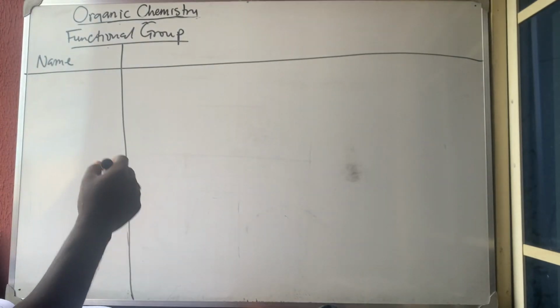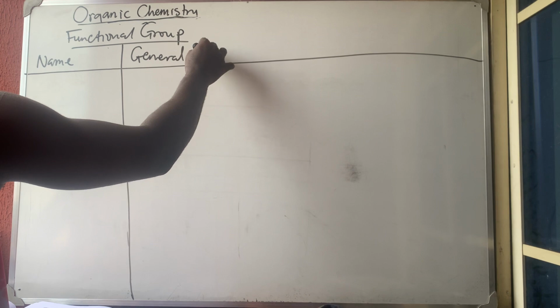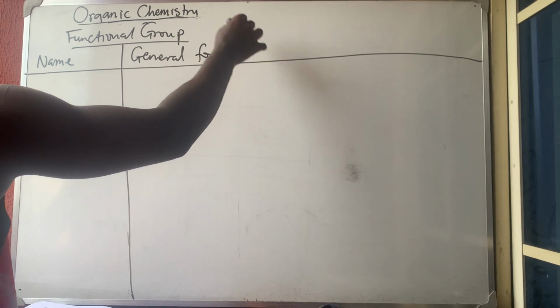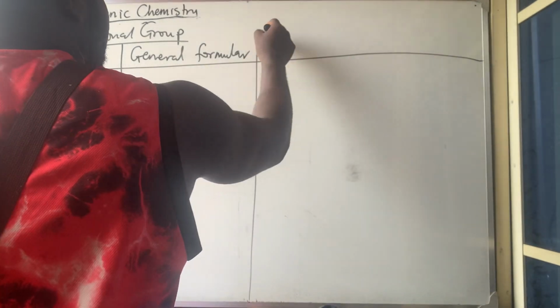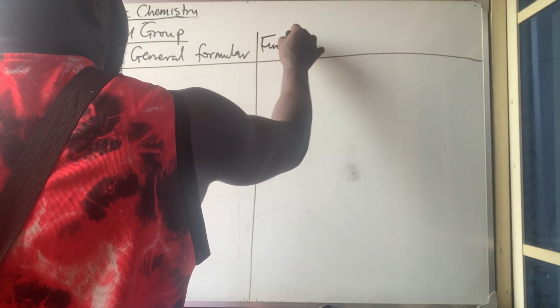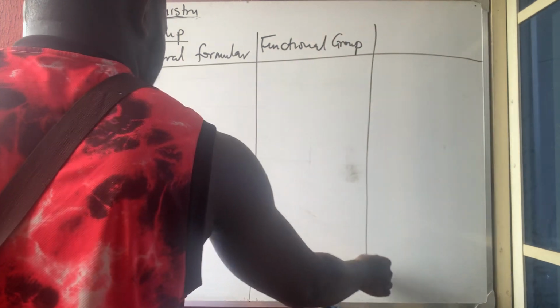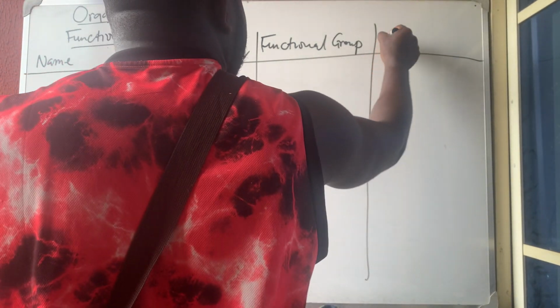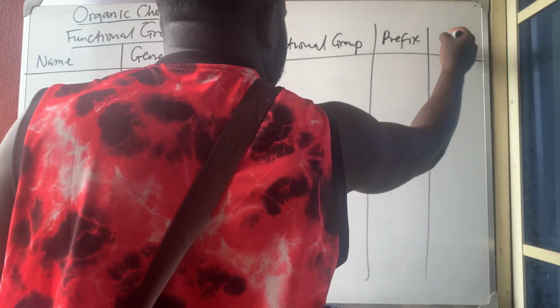So I have their name, the general formula, then their functional group, then their prefix, and their suffix.